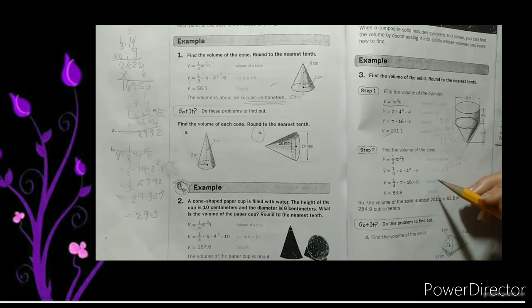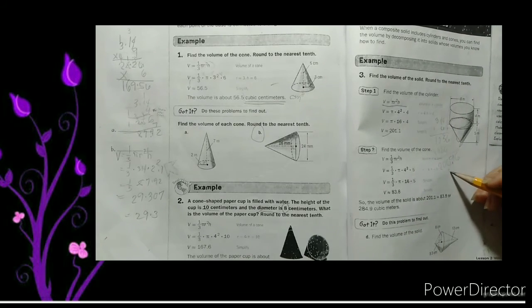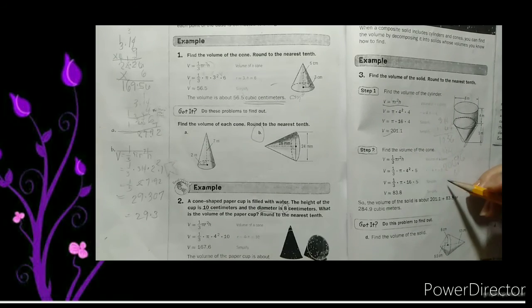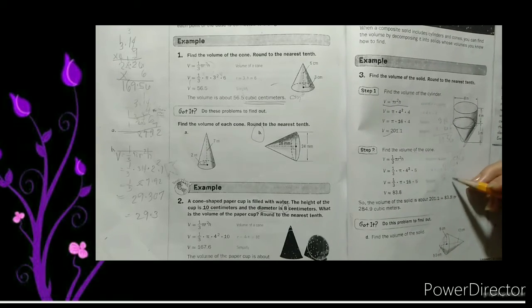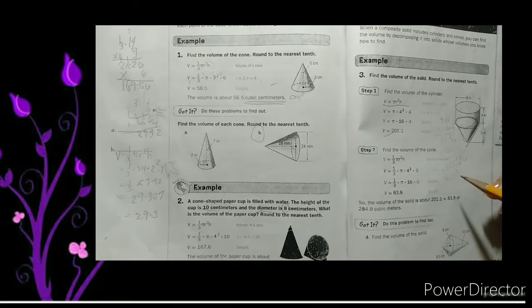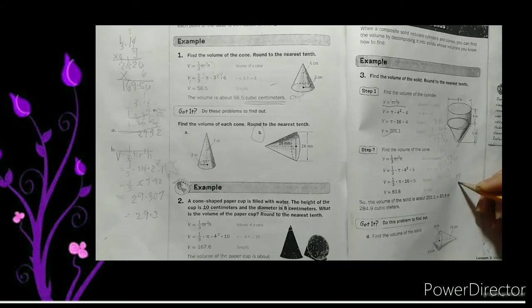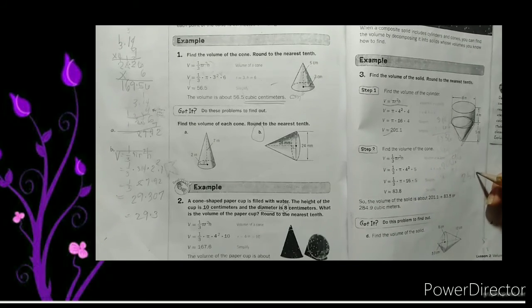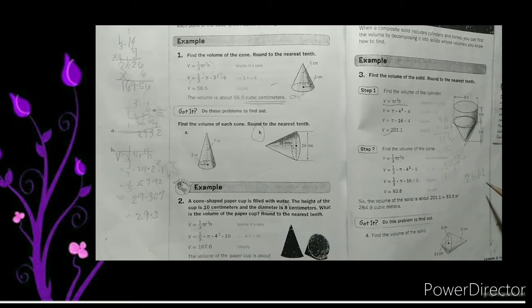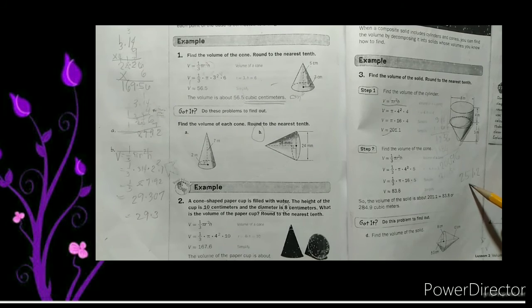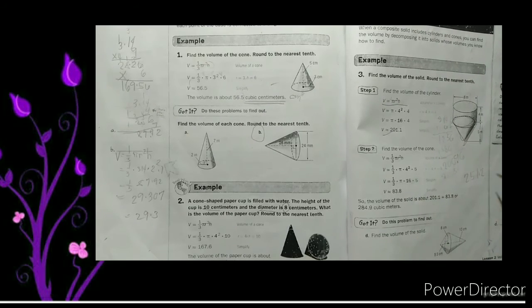Then 80 times 3.14 is 251.2. Then 1/3 of 251.2, or 251.2 divided by 3.